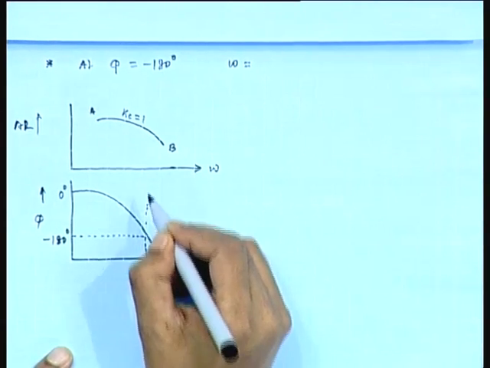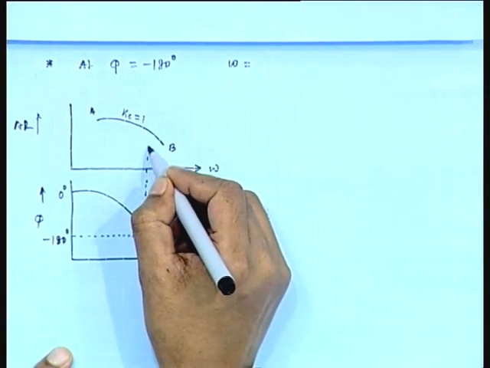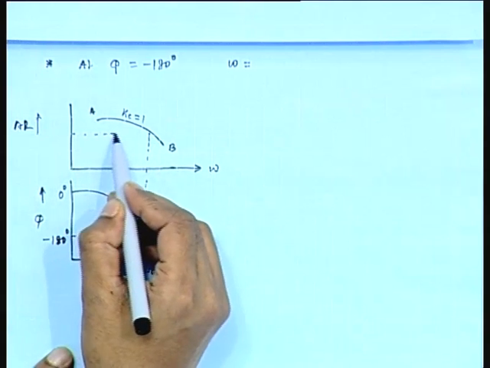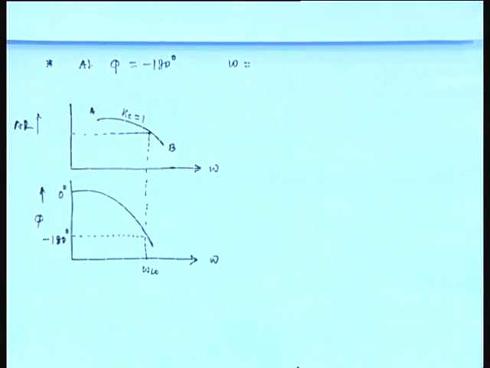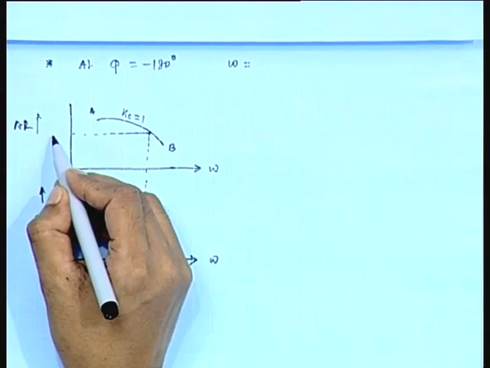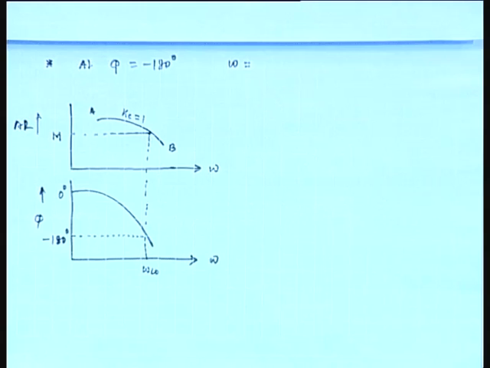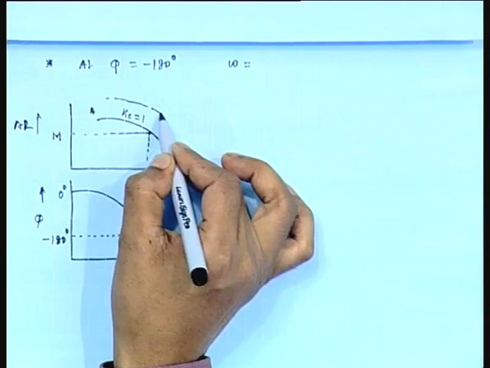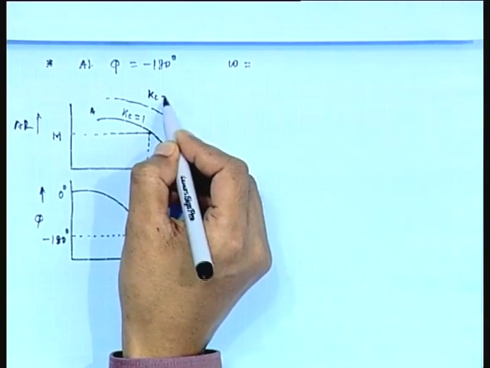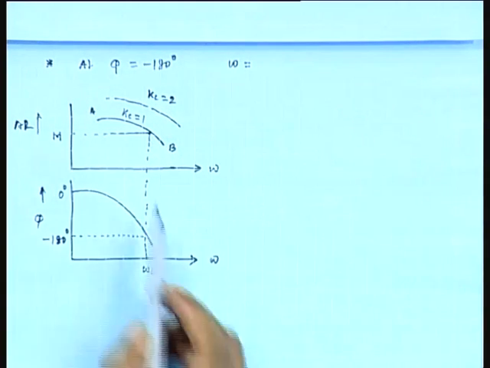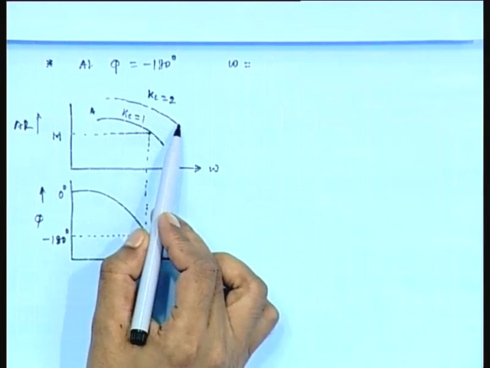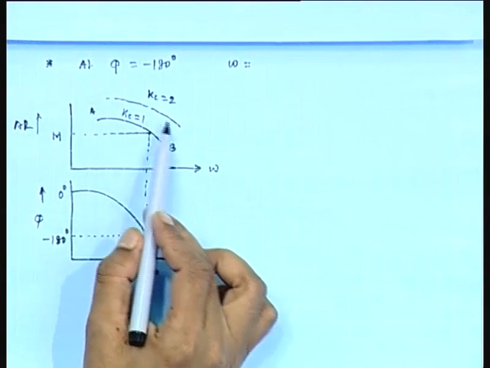Now, at this crossover frequency, how much is this value? At crossover frequency, amplitude ratio is suppose m. Agree? And critical value of Kc is 2. Suppose this is the amplitude ratio versus omega plot when Kc equal to 2.